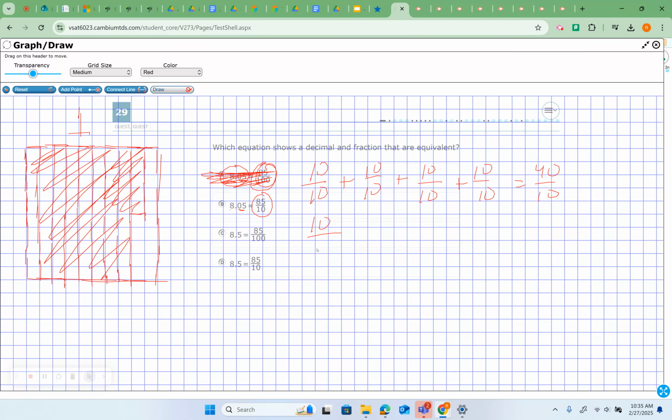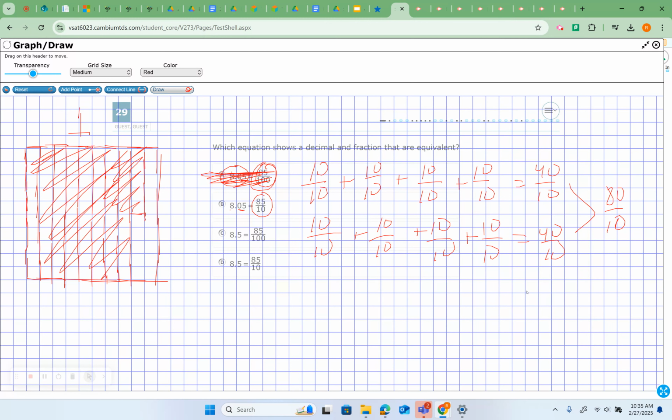I do it again. I would literally draw 8 of these, if I can draw it out. That's now another 40 tenths. These two together is 80 tenths. And then that extra one here would be your 85.